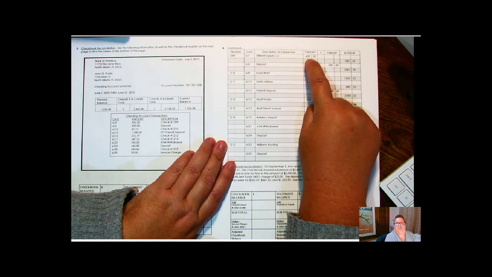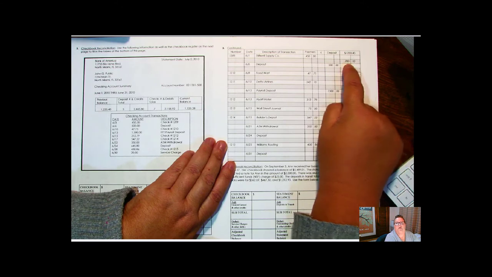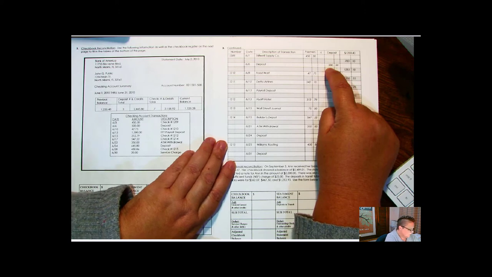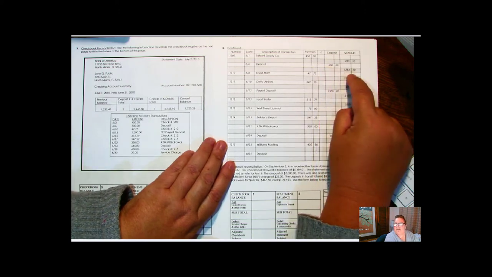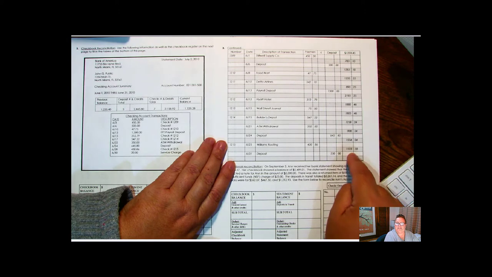After they took out $450.30, they were left with $783.10. We're going to add $500 to get $1,283.10 when we're going to subtract. So this is all of the resulting calculations, ending with the final checkbook balance.